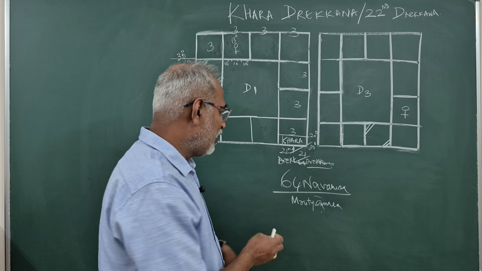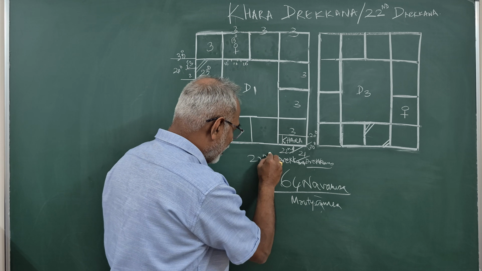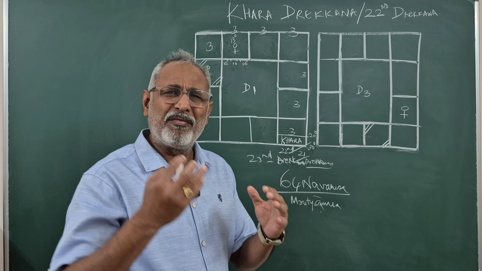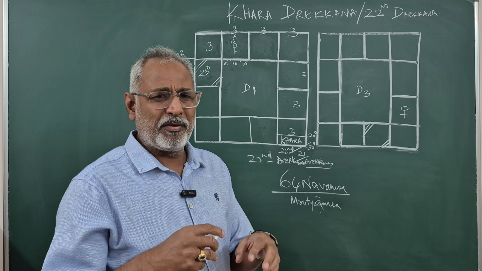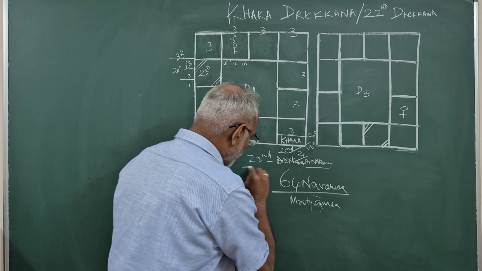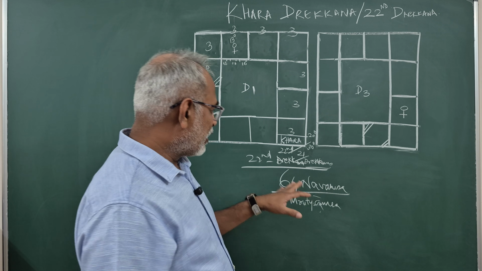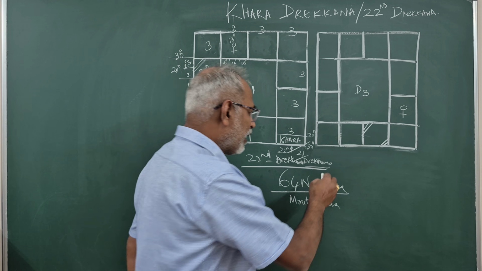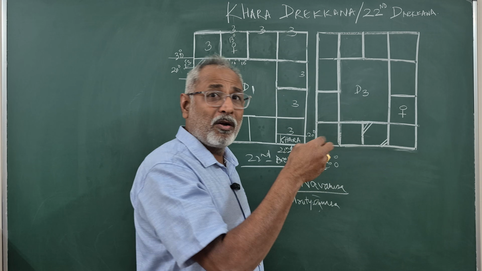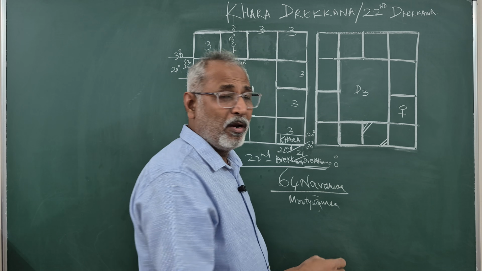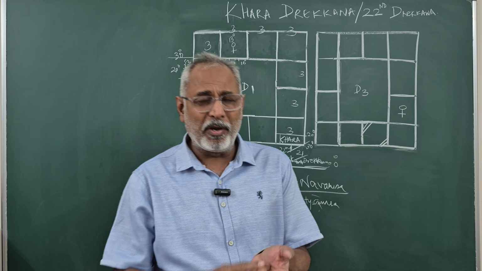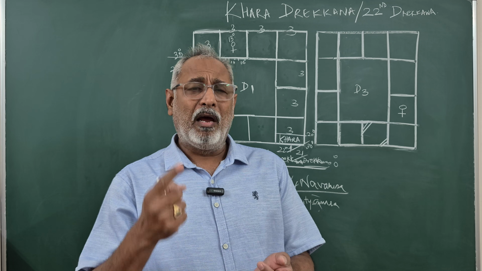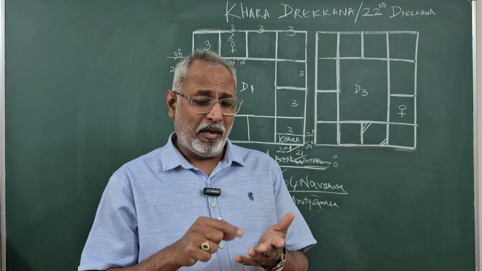So the same way, the 22nd Drekkana is also to be considered with a lot of importance. Why? Because the transit of a heavy planet over this Drekkana can be the cause for getting admitted to hospitals, going into ill health, falling ill.